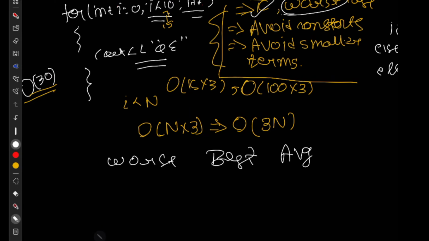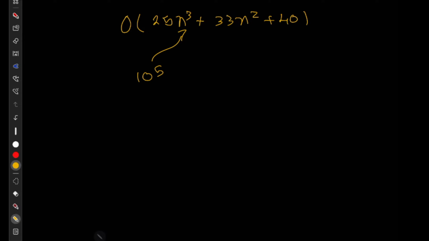Second rule: avoid the constants. Let's take an example. We have a time complexity like 25n cube plus 33n square plus 40. When you write real-world projects and applications, n is not like 10, 2, 3, 15. n is like 10 raised to power 5, 10 raised to power 8. Let's say n is 10 raised to power 8.